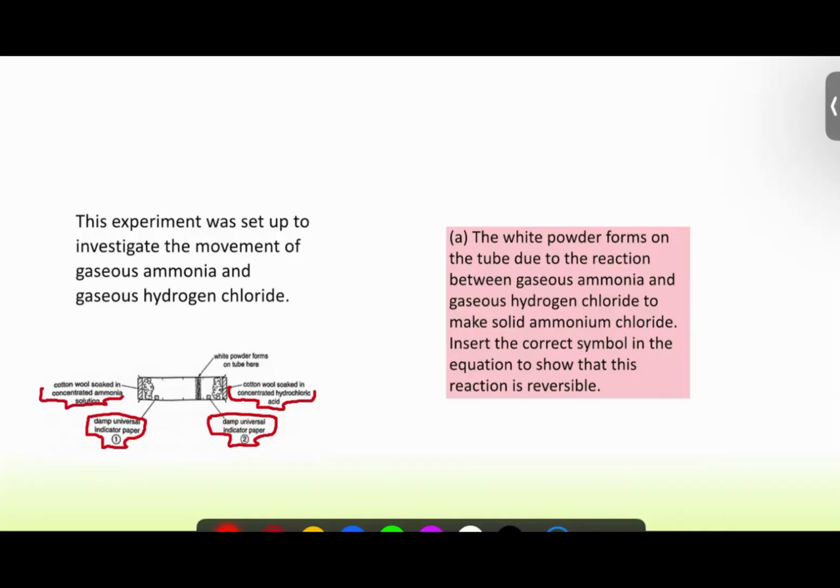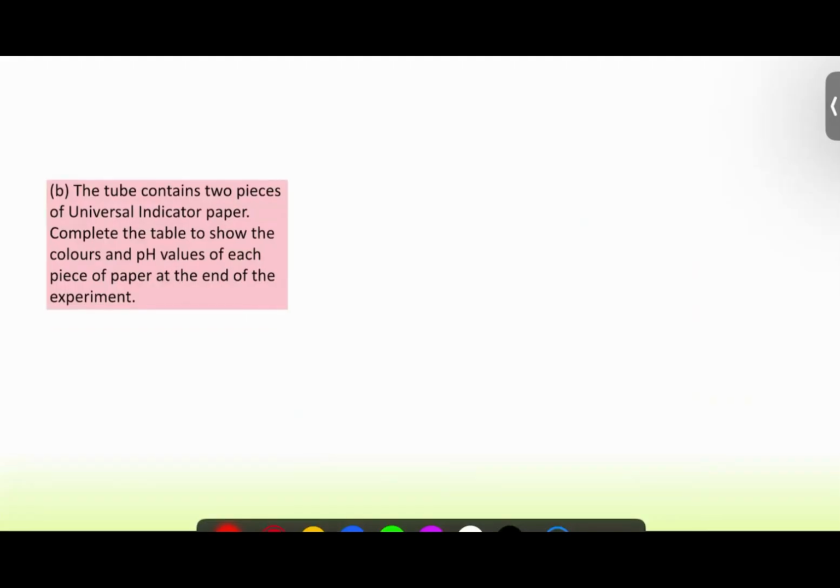Insert the correct symbol in the equation to show the reaction is reversible. The arrow that we put must be this arrow. This represents a reversible reaction. If you were to only put one direction, that is not reversible. Next, the tube contains 2 pieces of universal indicator paper.